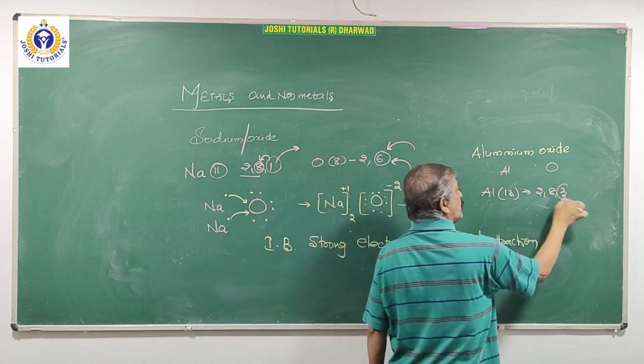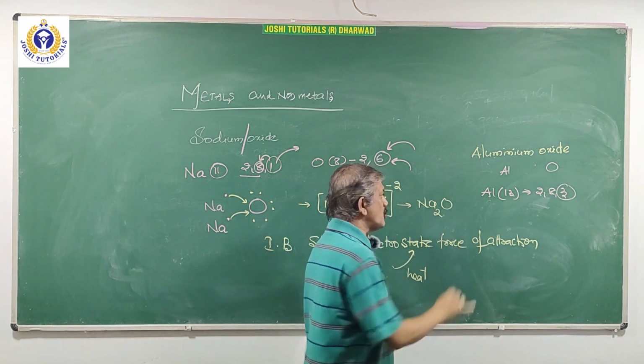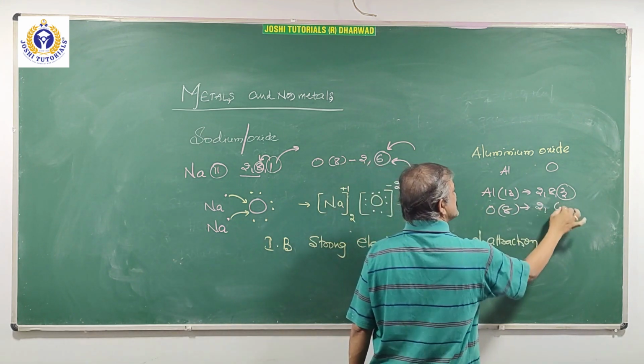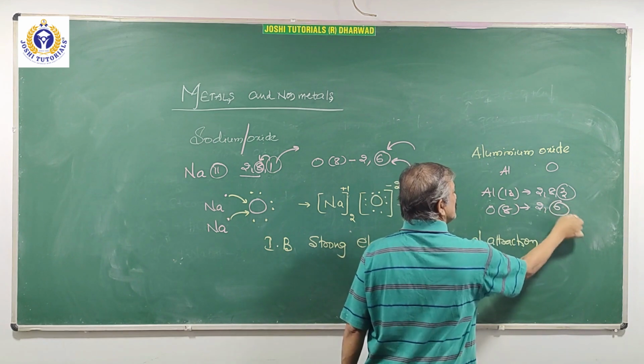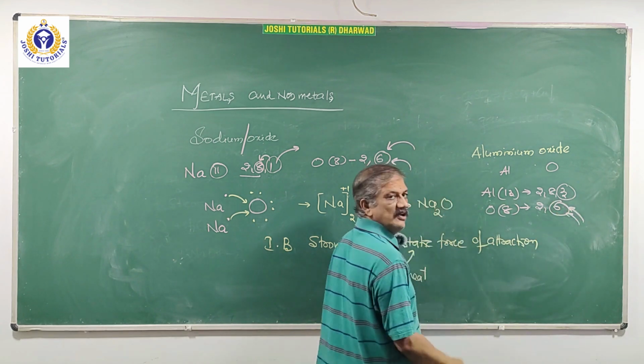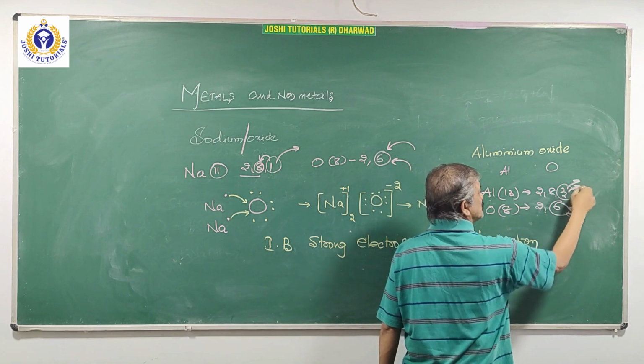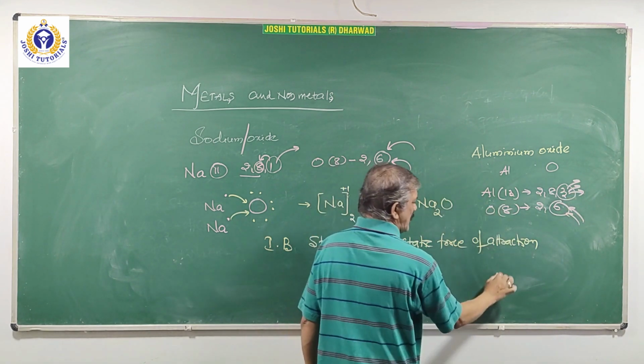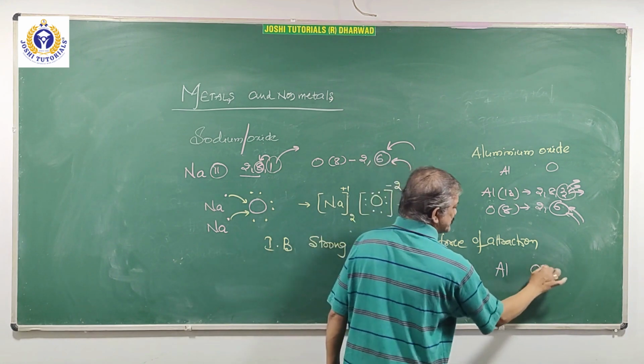It wants to donate only 3. Oxygen, if you take 8, it is having 2 and 6. Aluminium wants to donate all 3.